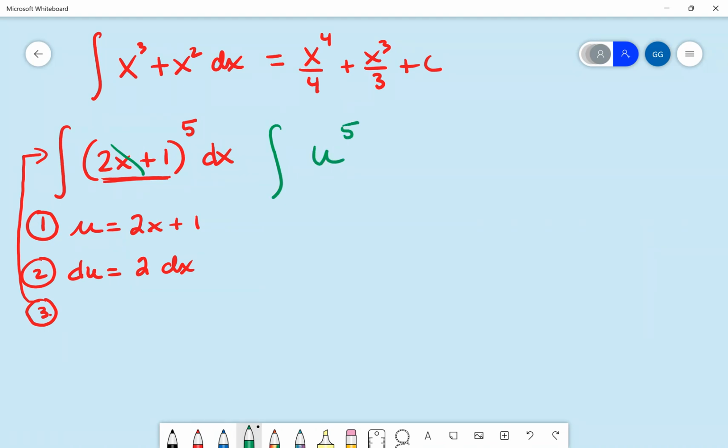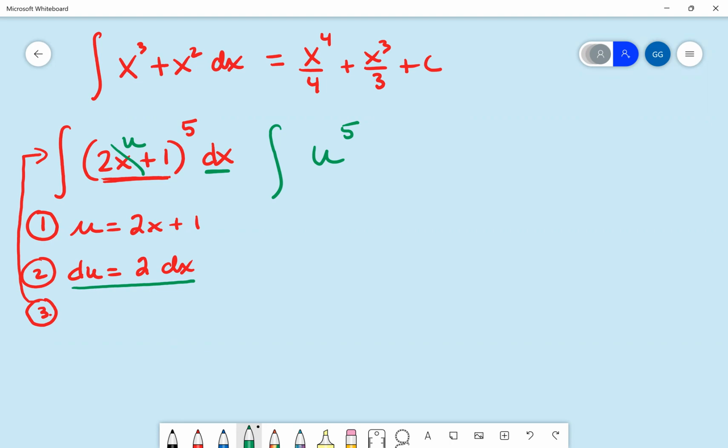But I still have that dx hanging out here, and I can't integrate this until that dx becomes a du. But notice in this second step, du equals 2 dx.